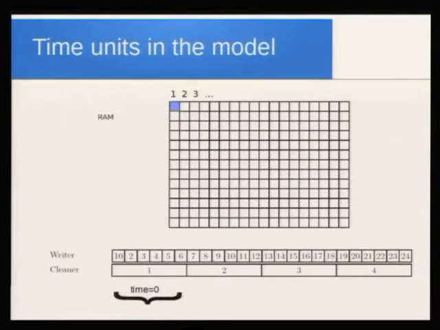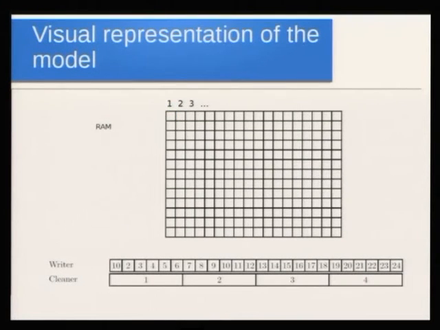To find this optimal cleaner, you have to find a page which is farthest, right? From a given position in the cleaner sequence, you have to look at all pages. You start there and start recording, and then you say, is that page accessed again? Then you loop again, and then you go to the next page. So it takes a long time to find the cleaner given a writer. So it's not very practical, and you don't know the future.